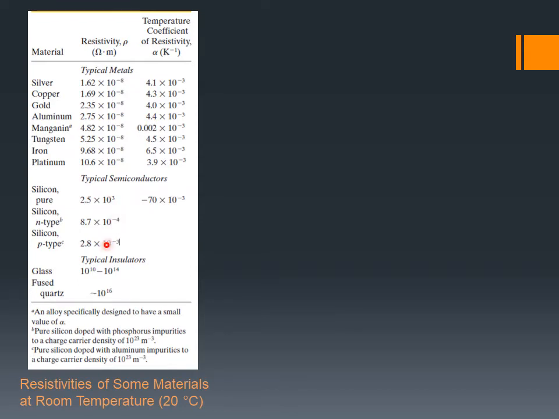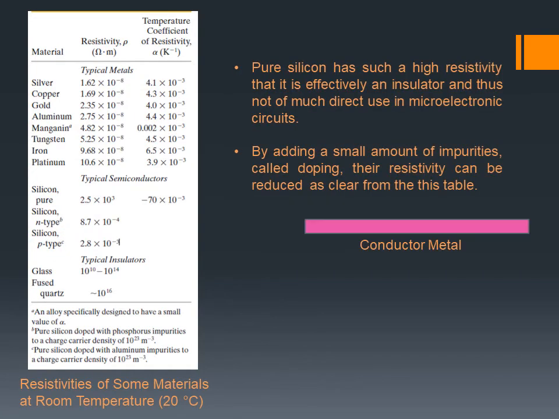Okay. Similarly, if you add another type of impurities like p-type, then here you see it comes to 2.8 into 10 to the power minus 3.